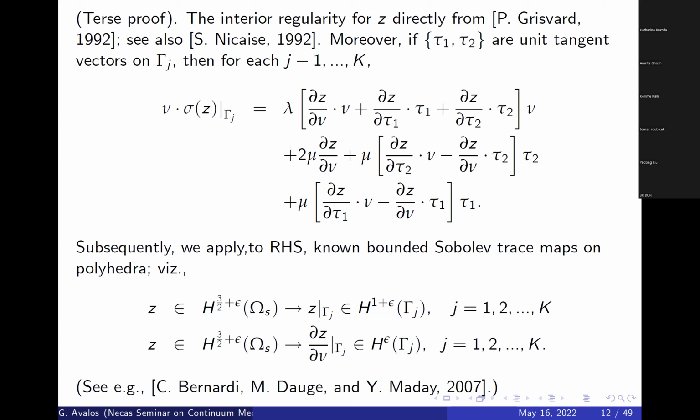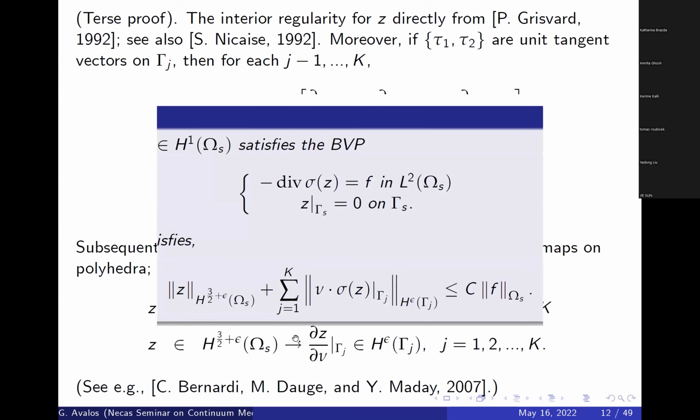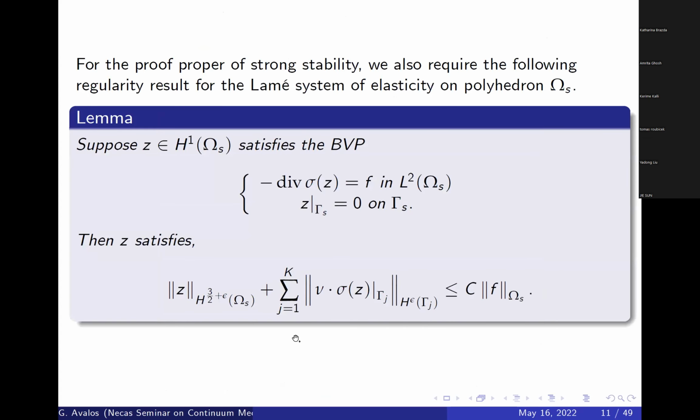So right, Z on the boundary gives me well-definition of the normal derivative. And here I'm reading off from Monique Dauge's little treatise on Sobolev spaces on polyhedra with her collaborators. And so with this extra regularity in tow, we proceed to tackle the problem.